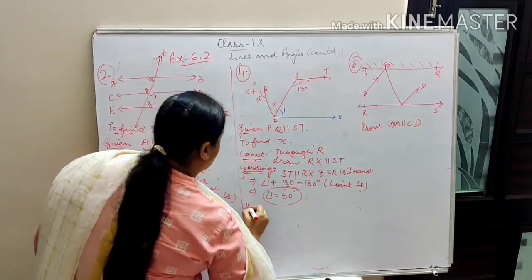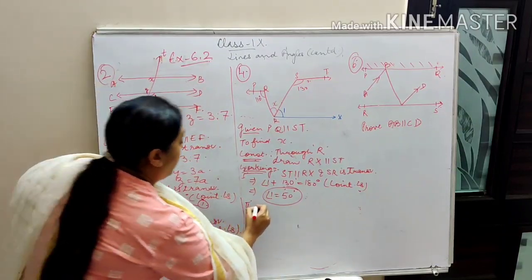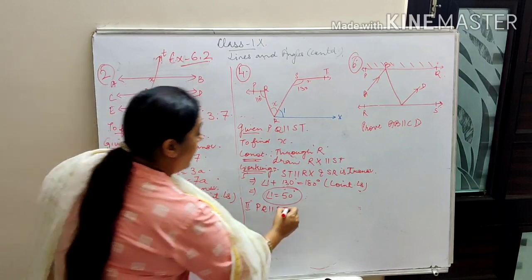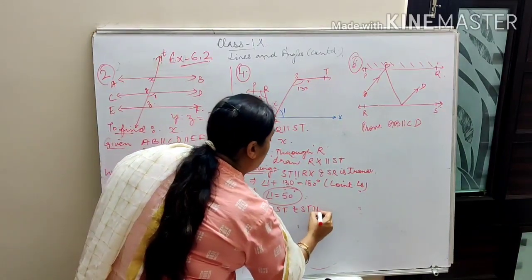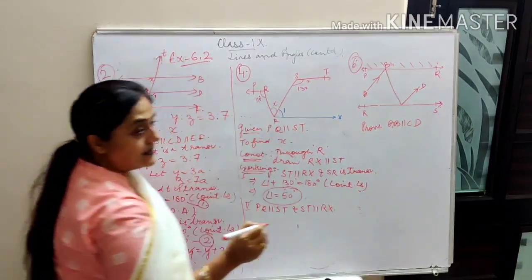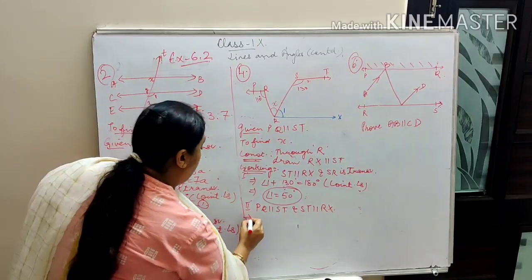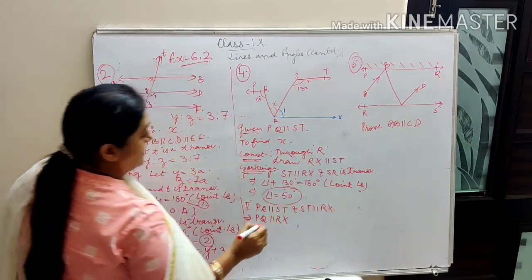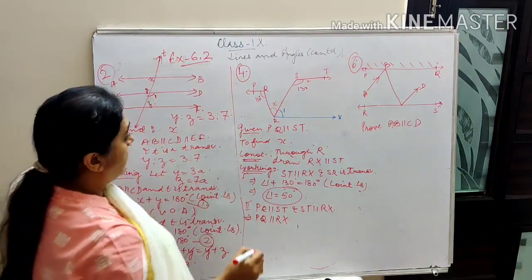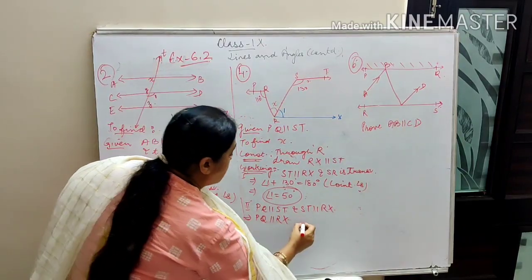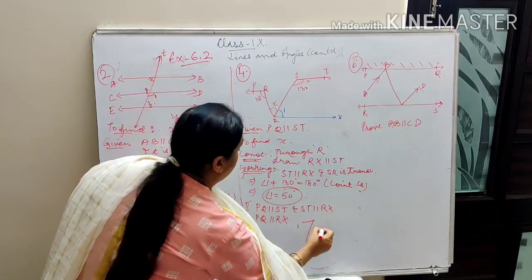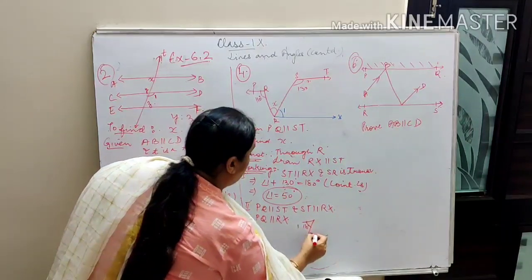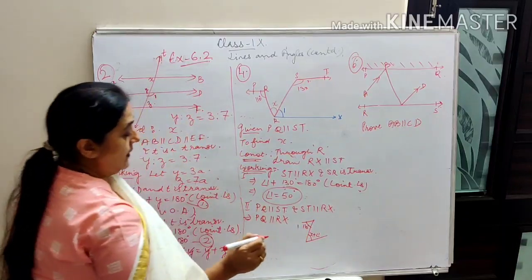Let us talk about step 2. PQ is parallel to ST was given, and ST parallel to RX, which you did by construction. This implies PQ parallel to RX. Right? So that means this is making, please check, this is 110 and this is X plus angle 1.